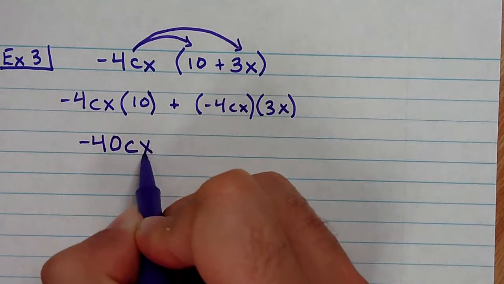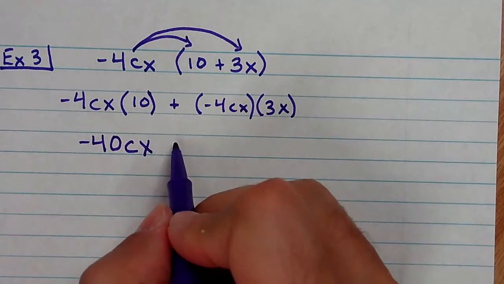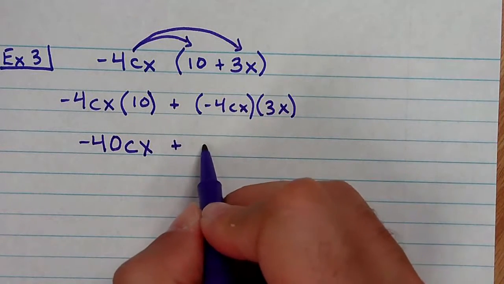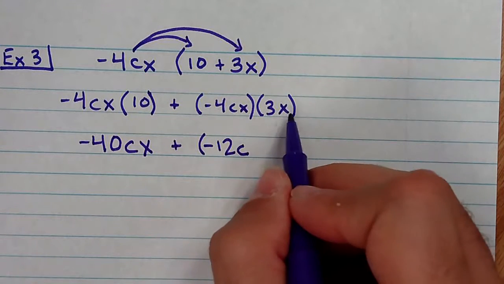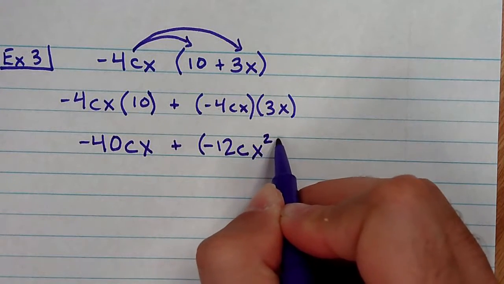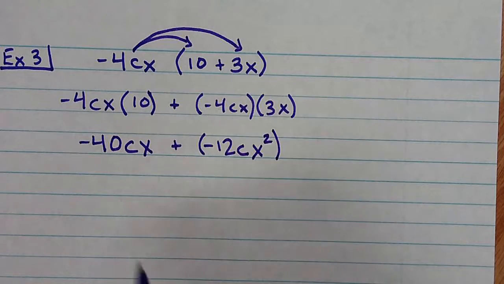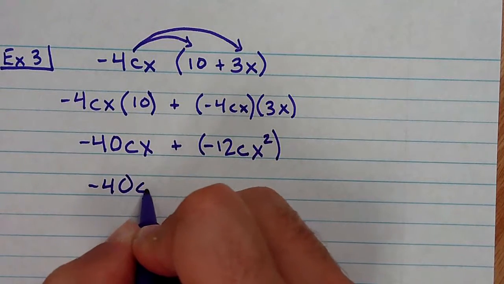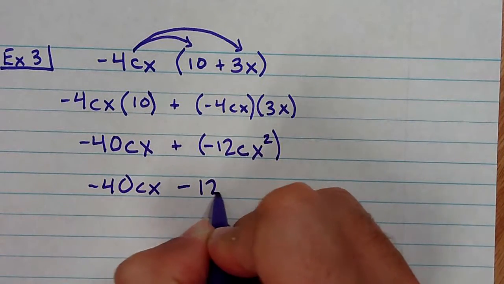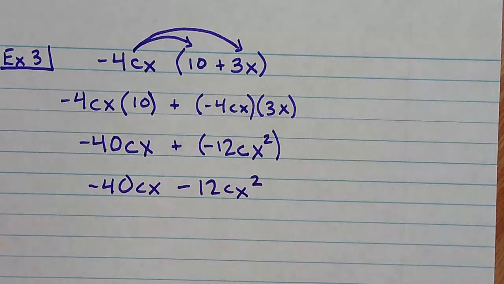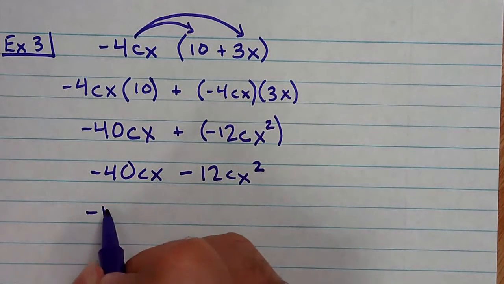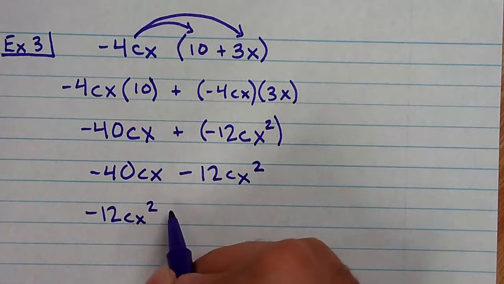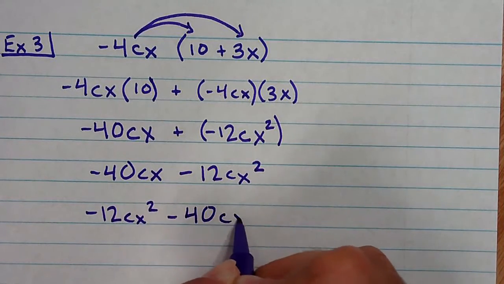Still have my c, still have my x. Negative 4 times 3 is negative 12. Still have my c, and then the x times the x will give me the x squared. Then I can write this a little nicer, negative 40cx minus 12cx squared. If we wrote this in a descending order with the exponents on the x, we would have negative 12cx squared minus 40cx.